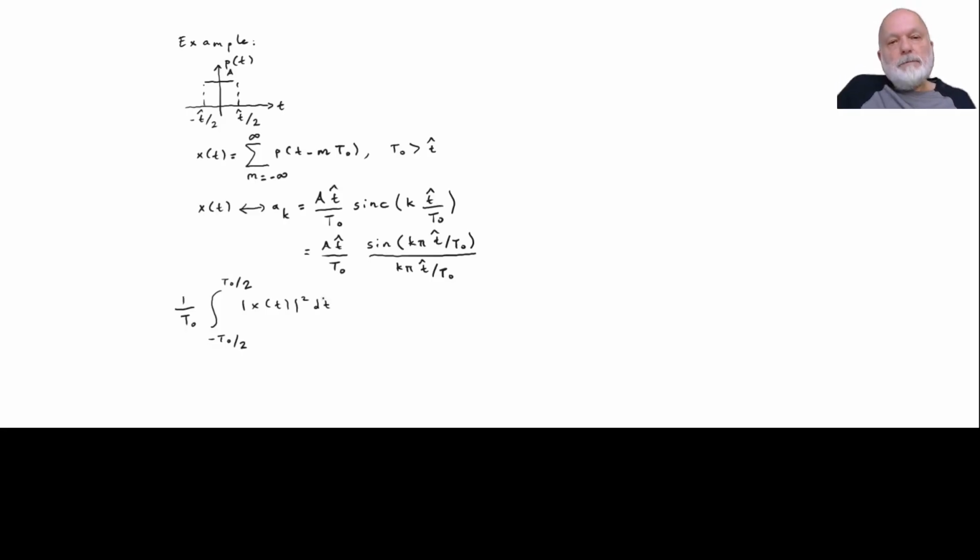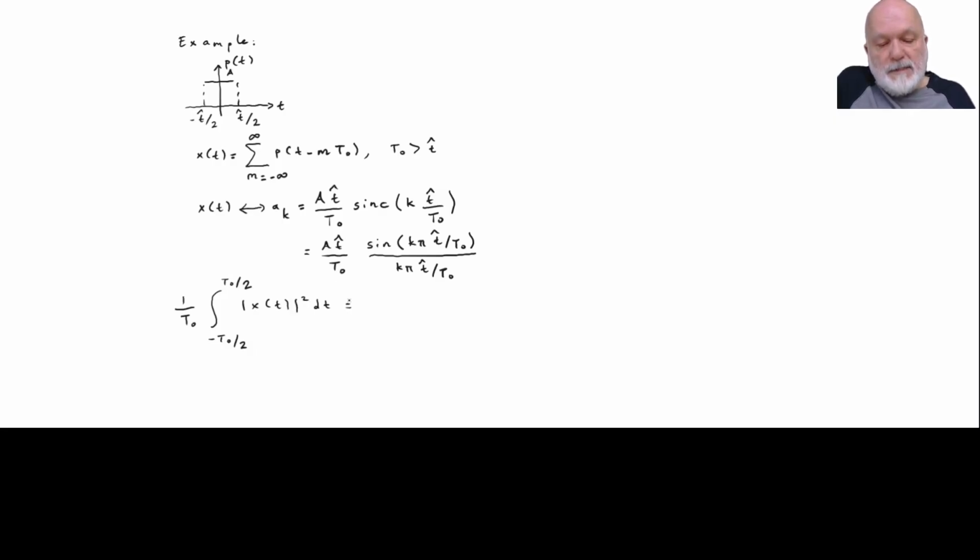Remember that we have obtained Parseval's identity for the general case where x of t is a complex valued signal, but for the real valued signal, of course, magnitude of x of t squared will be equal to x squared in this case.